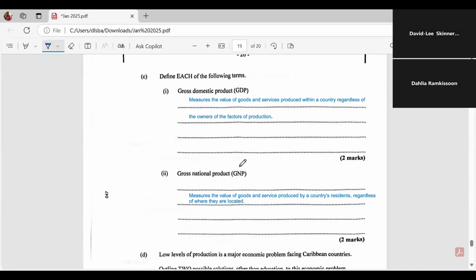All right, so once it's by the country, once it's produced by Trinidad and Tobago, it could be in America, Afghanistan, Uruguay, it will be part of the GNP. But it has to be inside of Trinidad and Tobago locally to be part of the GDP. You understand the difference?